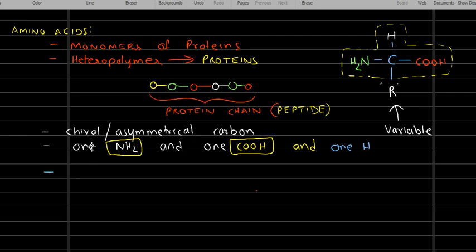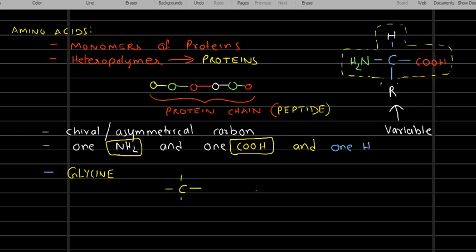Now, there is an exception for this chiral or asymmetrical carbon atom. That is, there is an amino acid called glycine, whose structure goes like this.